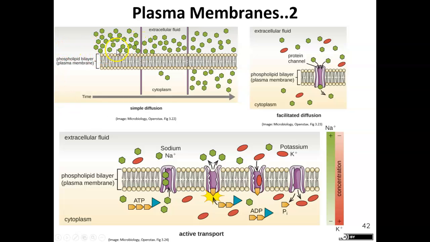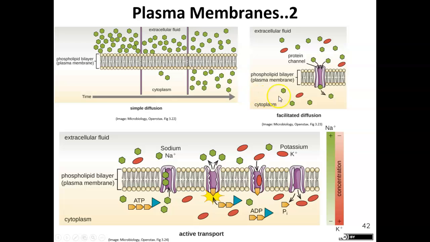So you have these molecules up here in a high concentration, down here in a low concentration. So molecules move from higher to lower concentration down that concentration gradient until equilibrium is met. Simple diffusion, these molecules go directly through the plasma membrane. In simple diffusion, the molecules are small and nonpolar, so they can go directly through that plasma membrane.